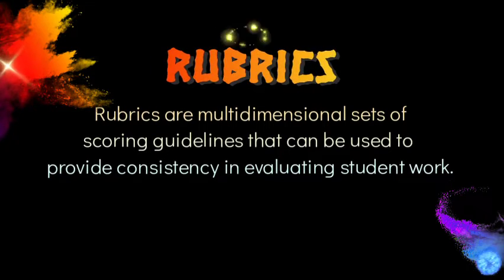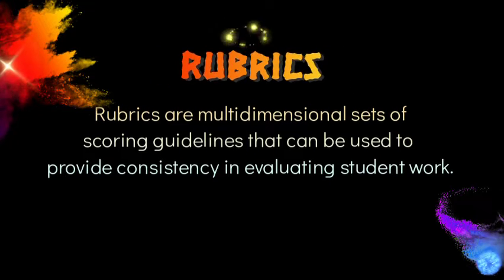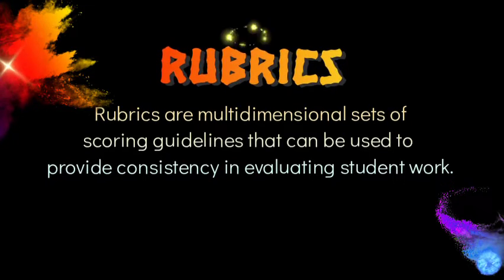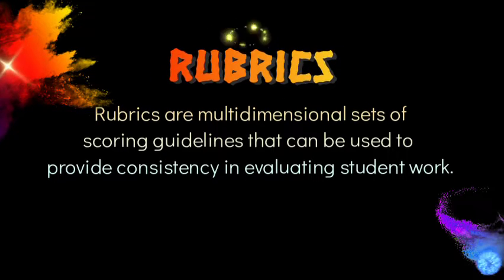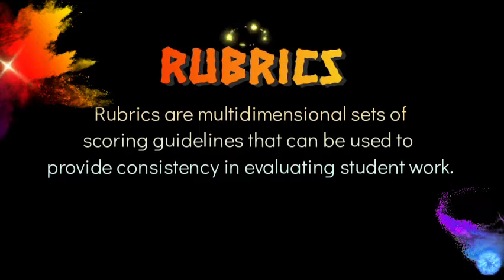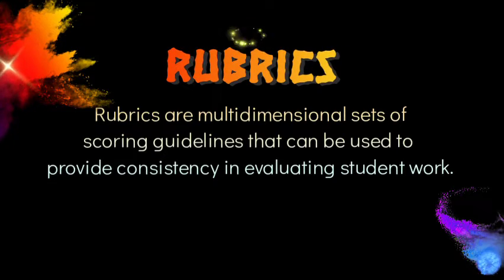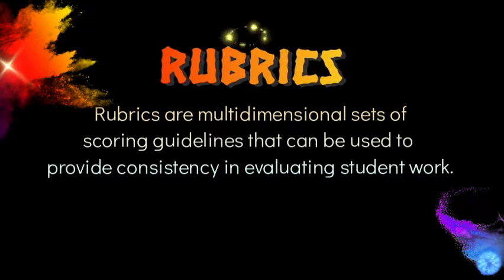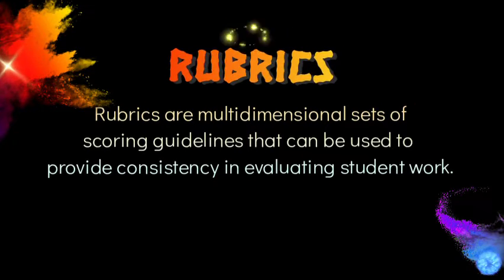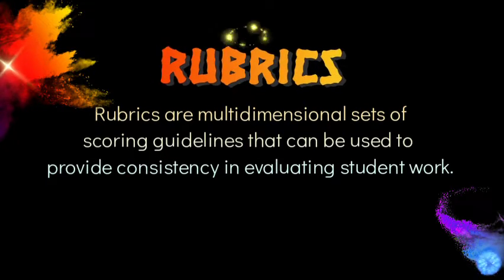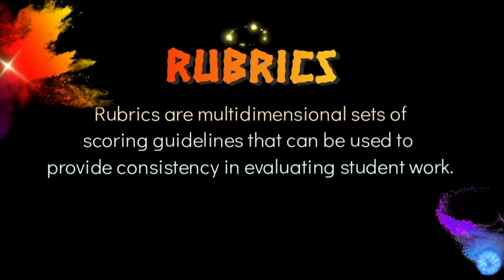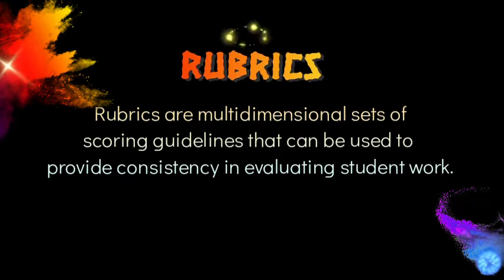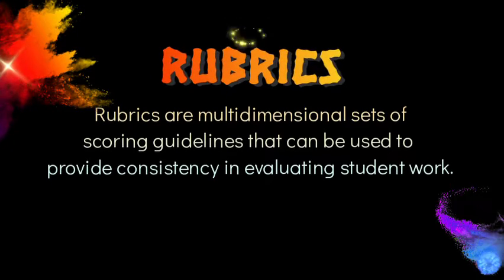Actually, a rubric is an explicit set of criteria used for assessing a particular type of work or performance and provides more details than a single grade or mark. Rubrics, therefore, will help you grade more objectively, and that's the meaning of rubrics.